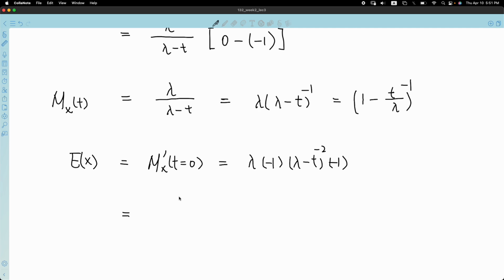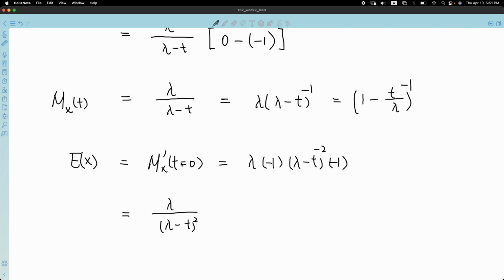That means we have lambda over lambda minus t raised to the power of 2. Okay, so now I'm using the fraction expression again, so I'm changing the representation or the notation again. Okay, so this is my result. Do you have the same thing?